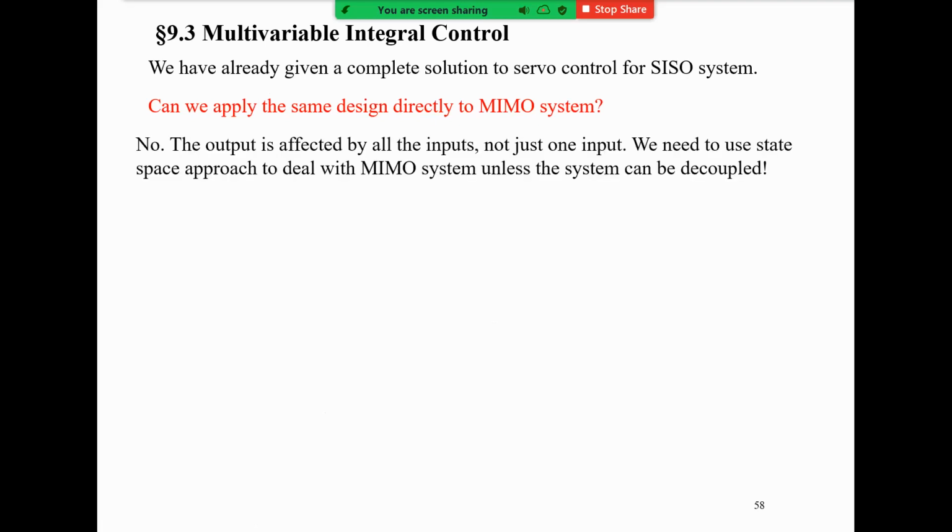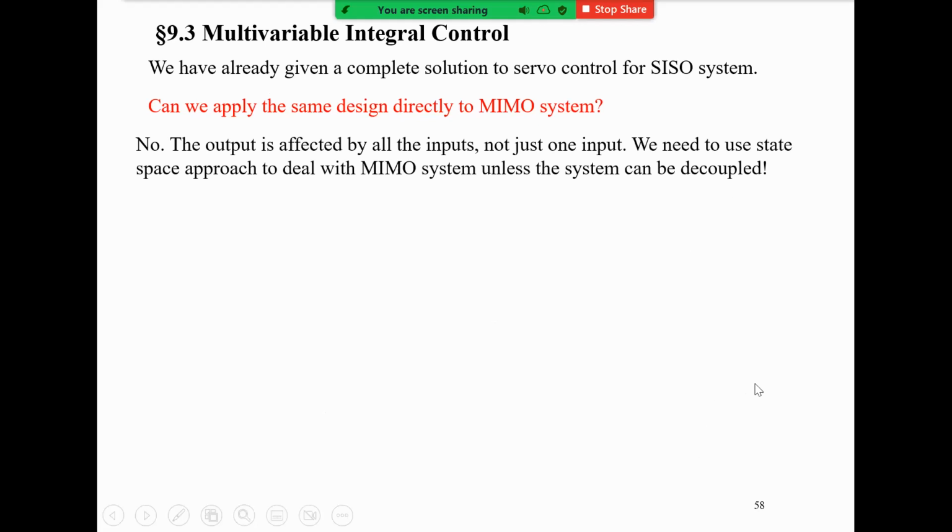Well, because the output will be affected by all the inputs, not just one input, but you have multiple inputs, and also there are multiple outputs. So we need to use the state space approach to deal with the multiple input, multiple output system. Unless the system can be decoupled.